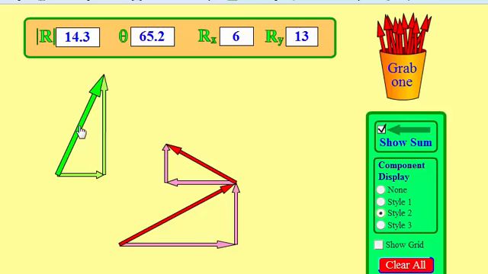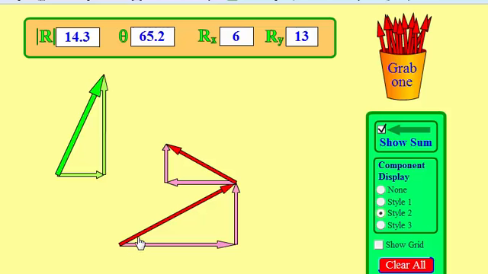Let's go back and look at this one. Yep, 13. So we've got 6 in this direction, 13 in that direction. We can Pythagoras those two numbers to get the 14.3 for the resultant. And we can inverse tangent the y and the x. Inverse tangent of 13 divided by 6 should give you that angle right there.